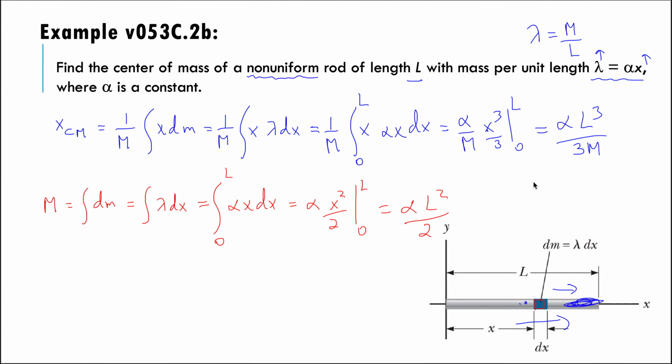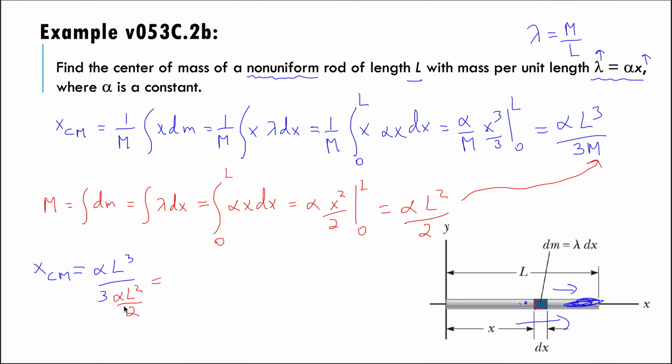Now all we need to do is plug this expression that we just found in for m. So we're going to have that the center of mass position is alpha L cubed over 3m. We're going to plug in alpha L squared over 2 for m. And now we just need to do a little bit of algebra.